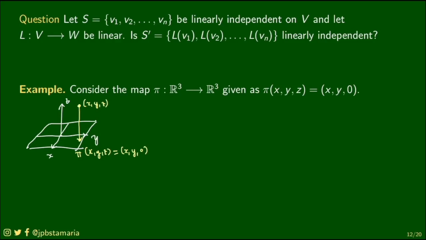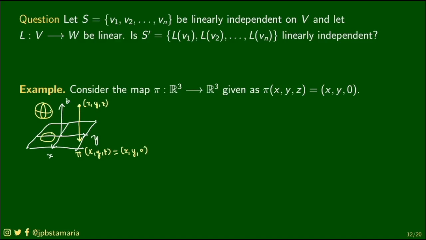So for example, if you have a sphere over here, its image under the transformation is going to be a circle in the xy plane. This is why this mapping is an example of what we call a projection.